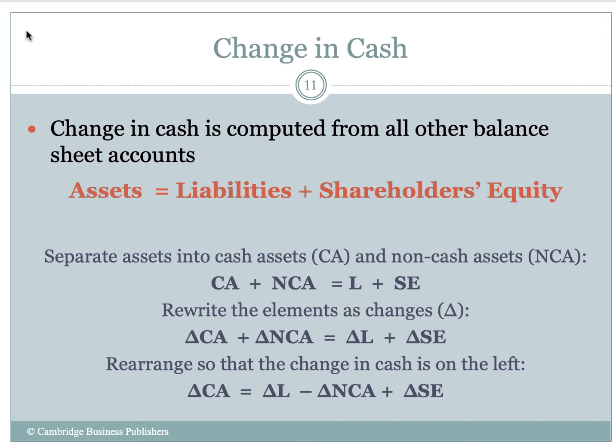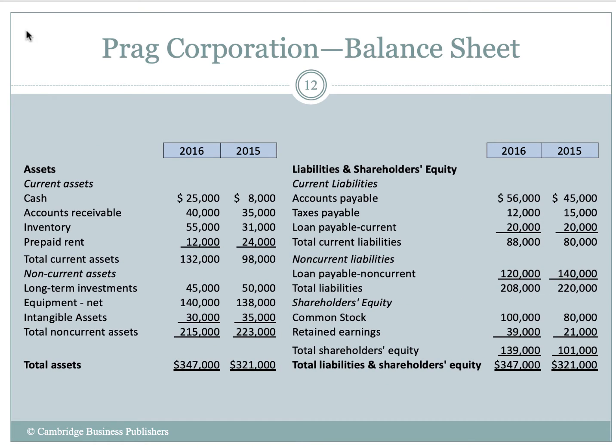Then we're going to look at all the non-cash assets we have, and we're going to separate those two out, okay? Basically, at the end of the day, any changes in cash assets is going to equal any changes in liabilities minus any changes in their non-cash assets plus any changes in stockholders' equity, okay?